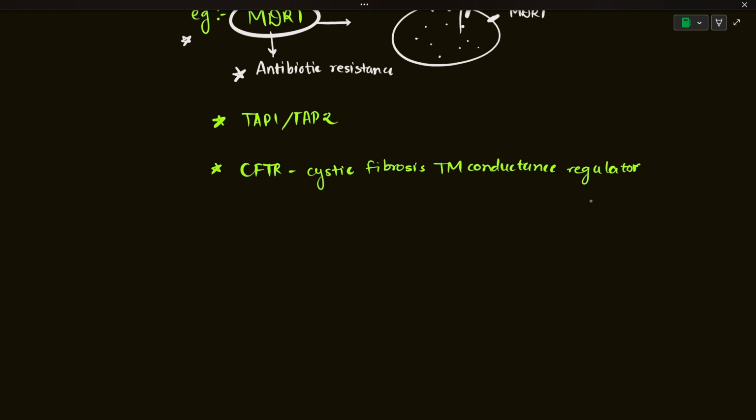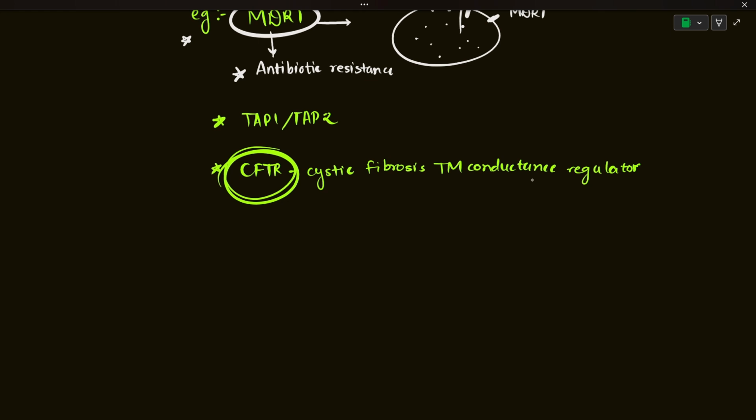It regulates epithelial salt and water transport. Whenever this CFTR protein gets mutated, that results in cystic fibrosis, and that is why the name is cystic fibrosis transmembrane conductance regulator. If this protein is functioning normally, cystic fibrosis won't occur.